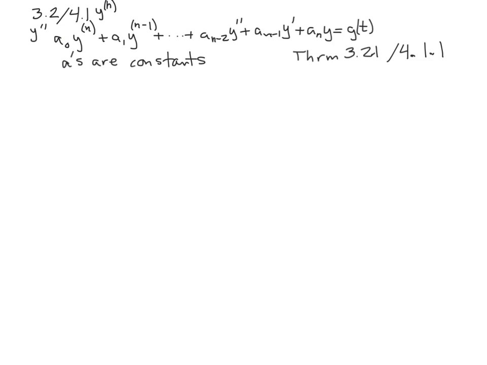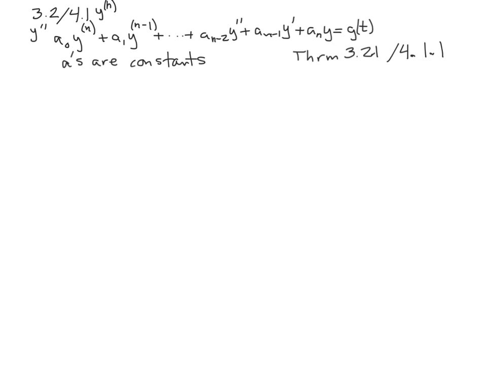Because all these a's are constants, they're just numbers, then of course they're continuous. So really, we would have to look at this function for continuity to see exactly where these differential equations are going to have unique solutions. But for now, you can look at those theorems and understand that we are going to have unique solutions to these types of differential equations.